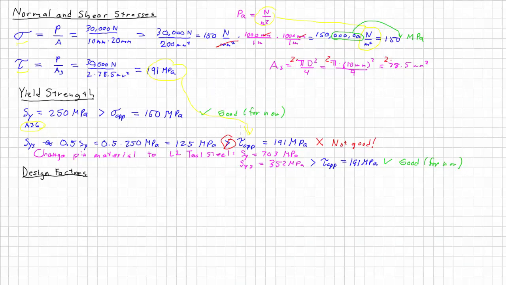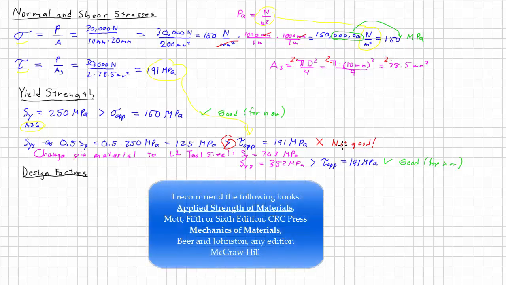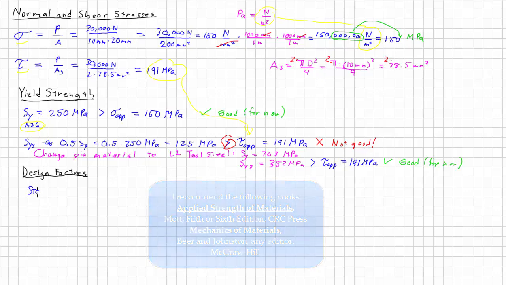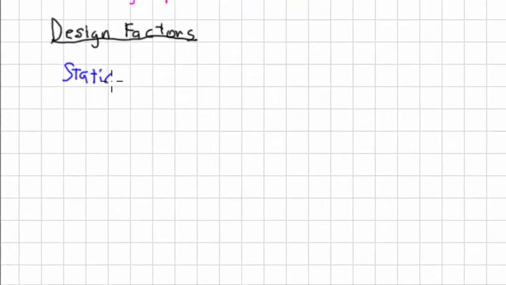Now, when it comes to the design factors for these, if you look in the book that we use, you'll see that for static loading, and that's just what we'll do this time around, it has a recommended design stress of the yield strength over 2.